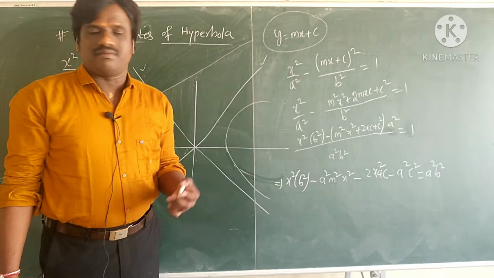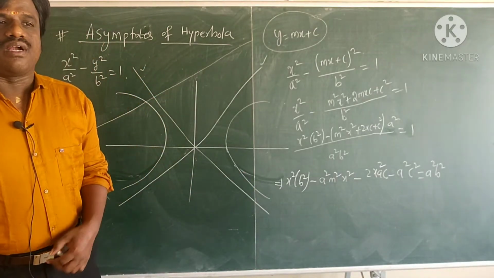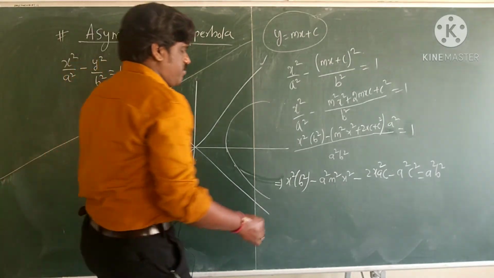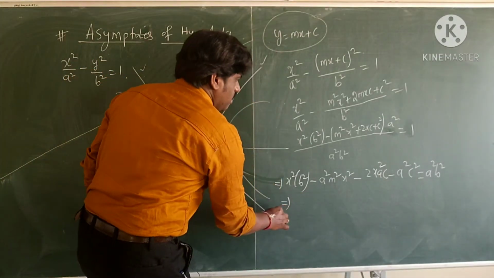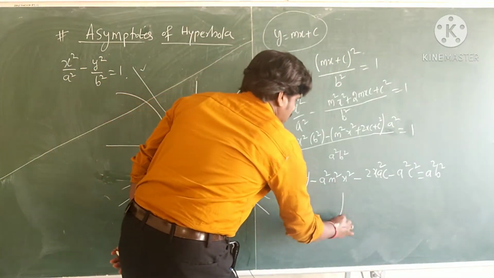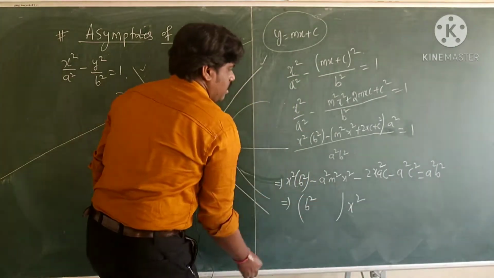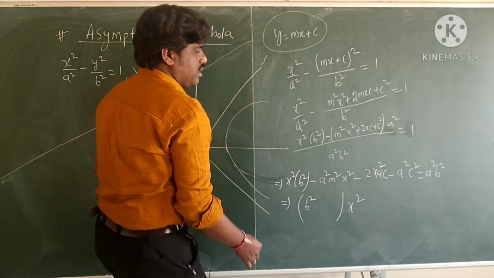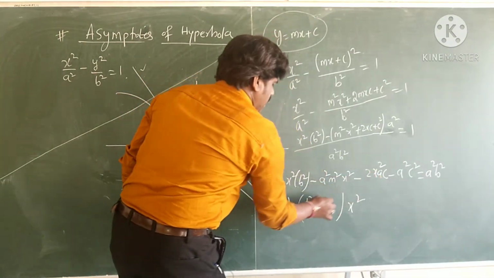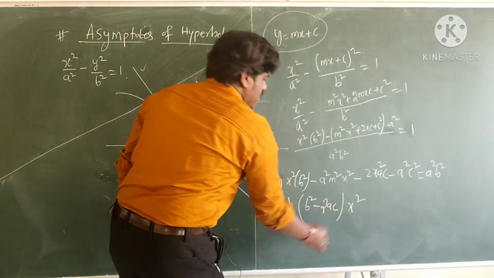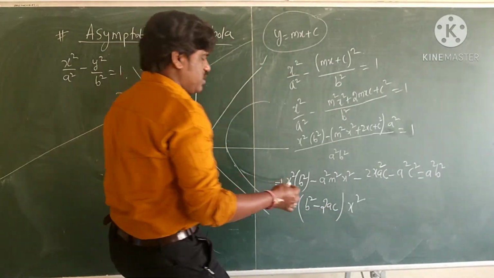What we are doing here, we are going to convert this into a quadratic in x. So if I make it quadratic in x, look at the x square coefficients, what are there? This is b square and this is what here? Tell me quickly. Minus a square m square. And make the x coefficients here.